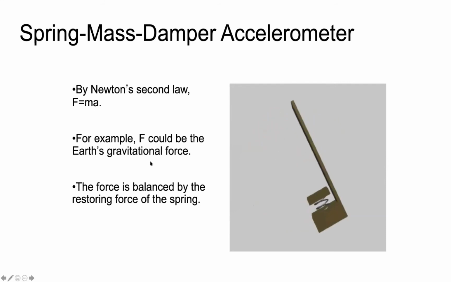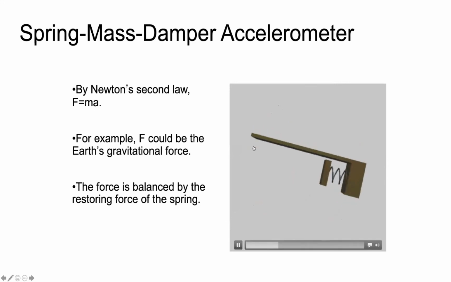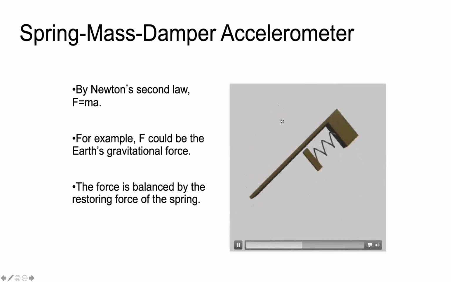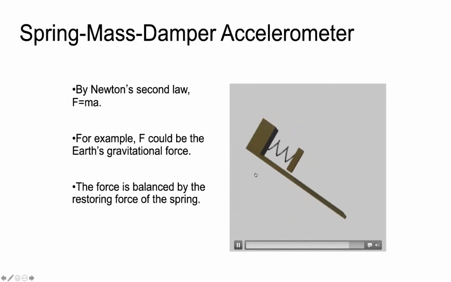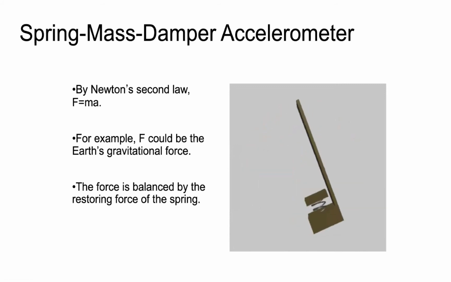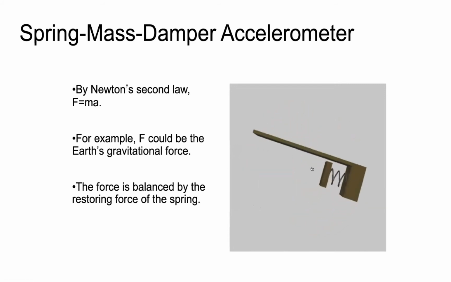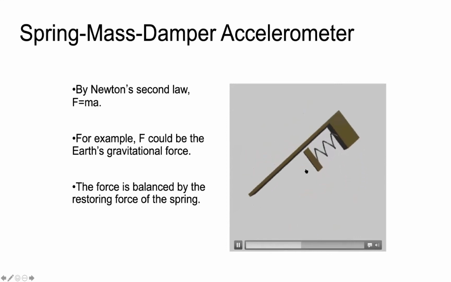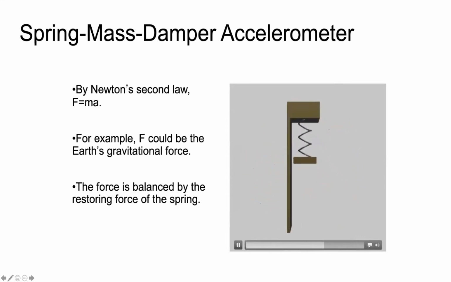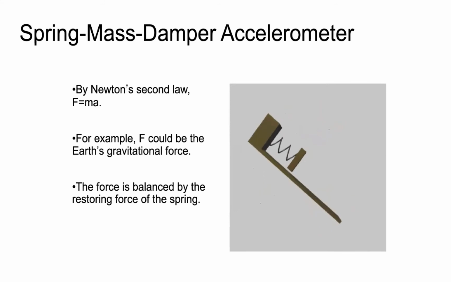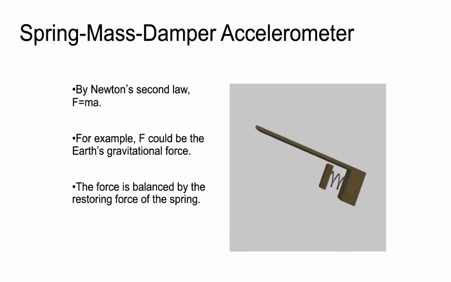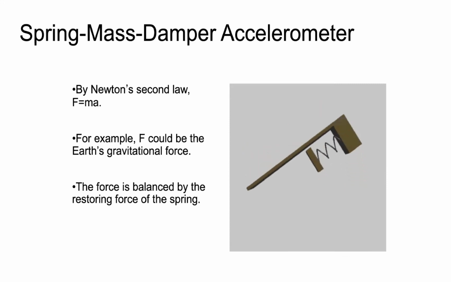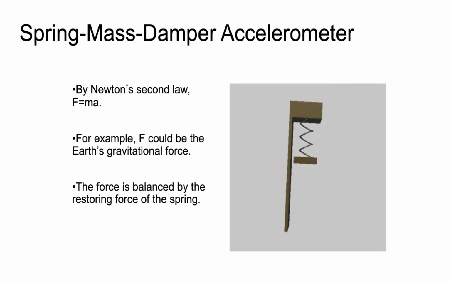And if you have this system vertically, let's say this moving direction is vertical along the Earth's gravity direction, then for this movable piece to balance, essentially that's going to be the gravity of this piece. So we can then use Newton's second law to calculate the acceleration.